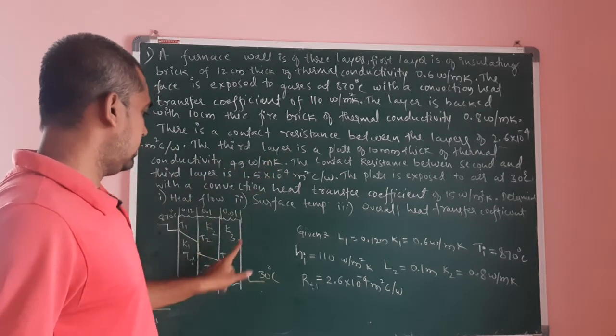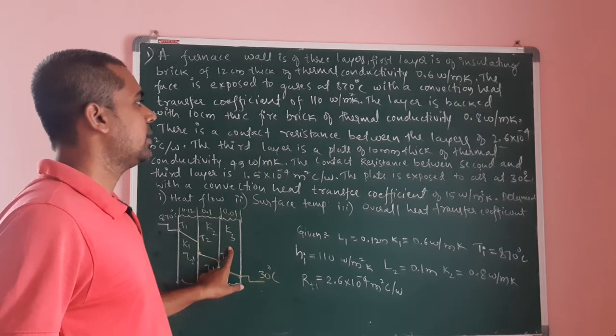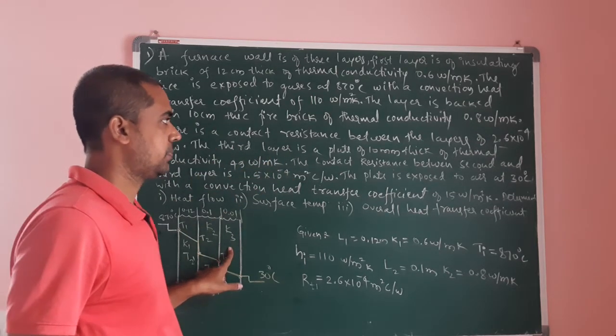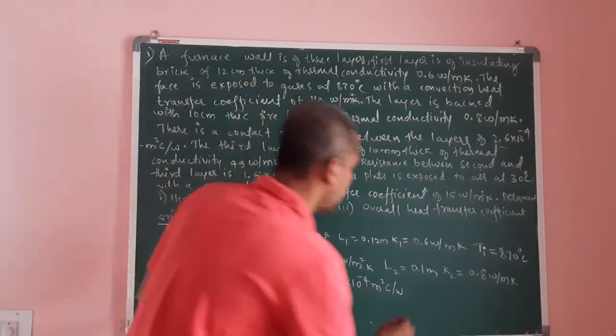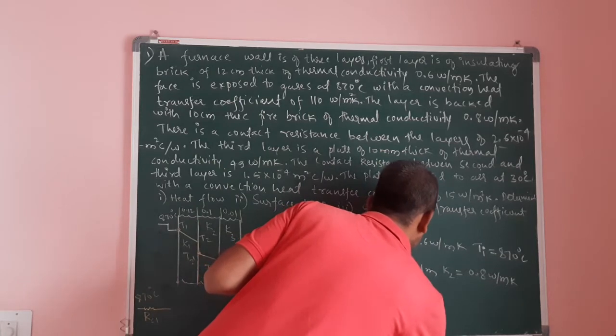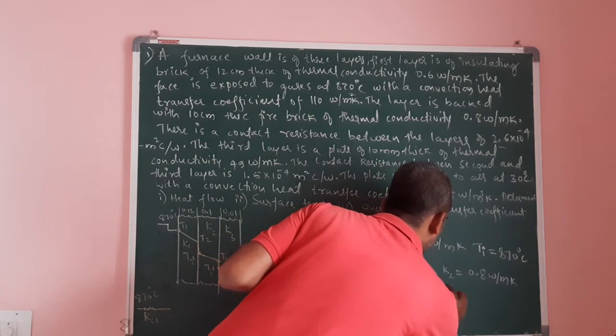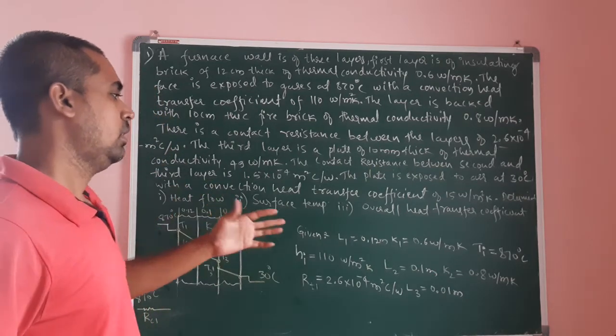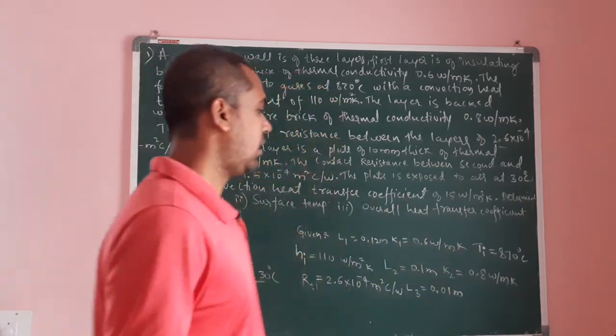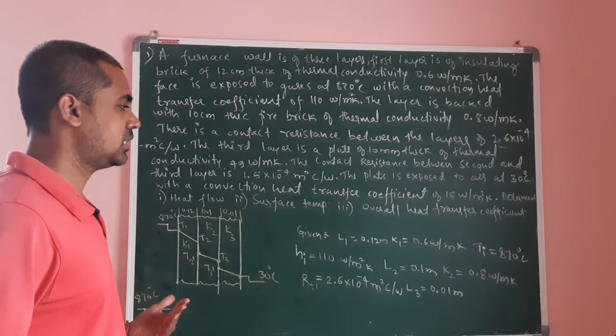The third layer. This third layer is a plate of 10 mm thick. L3 I will call it as. L3, thickness of the third layer, is 0.01 meter. Okay, I will convert it all into meter because thermal conductivity and other units are in meter.